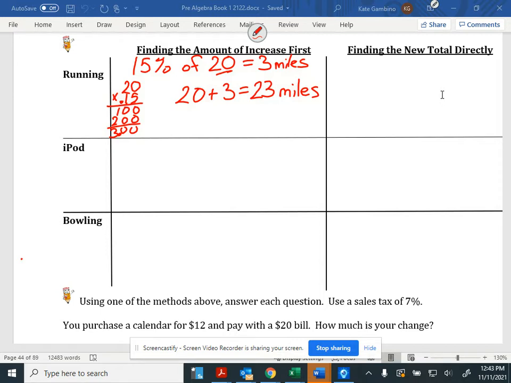Then we have finding the new total directly. So instead of going through the steps saying, oh, 3 miles and then 23 miles, now we're going to look at our original times 100% plus P%.